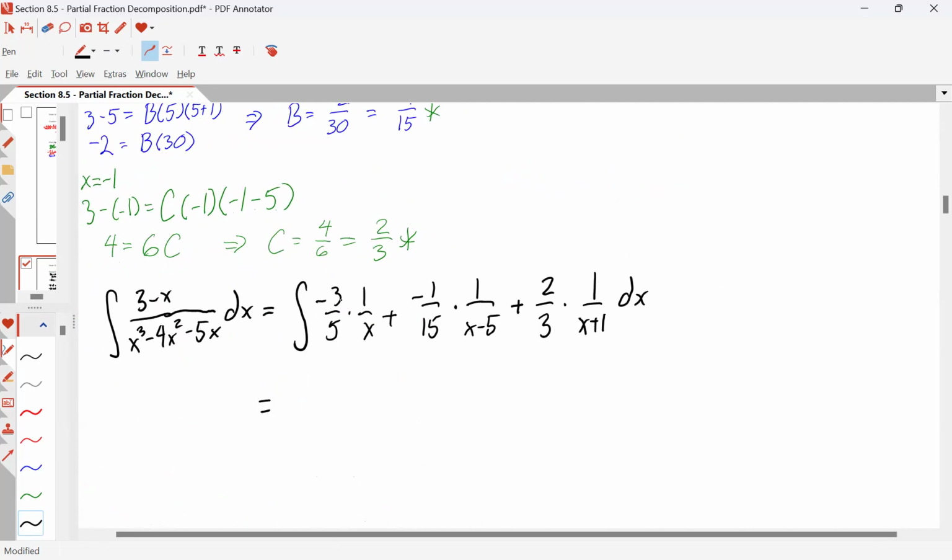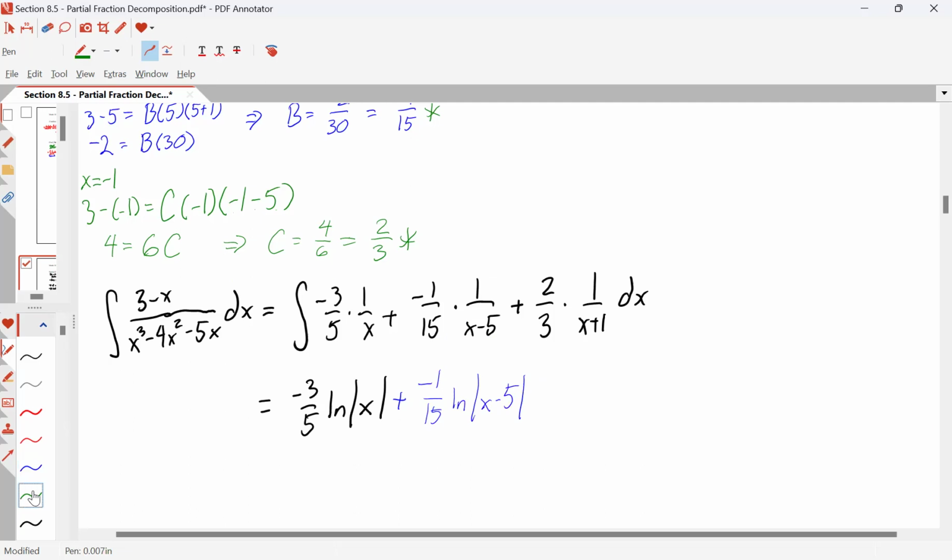The integral of negative 3/5 times 1 over x is negative 3/5 times the natural log of the absolute value of x. The antiderivative of negative 1/15 times 1 over x minus 5 is negative 1/15 natural log of x minus 5.